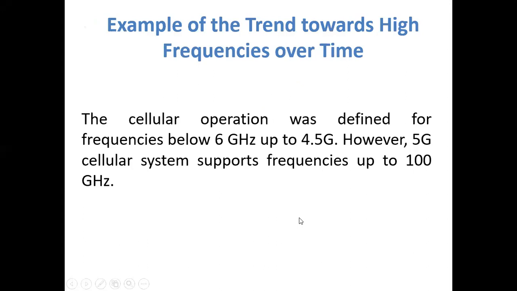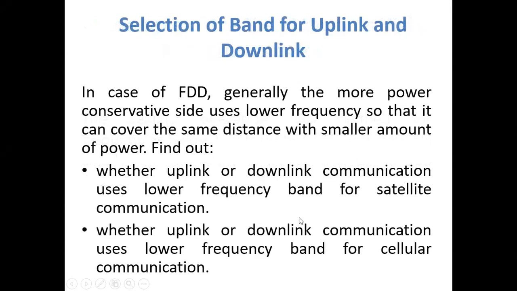Now, one last slide, I think we did not discuss last time. Let's see if we use satellite communication, it typically uses FDD. So the downlink uses one frequency range, and the uplink uses a separate frequency range. So is the case for usual cellular networks.